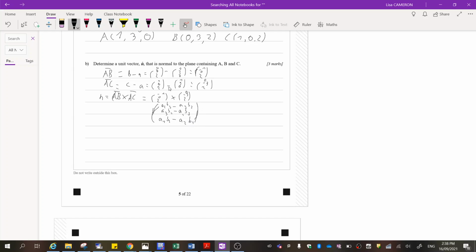The most annoying part of it, so we'll need to substitute, so that would equal for us 0 times 2 minus 2 times -3, and 2 times 0 minus -1 times 2, and lastly -1 times -3 minus 0 times 0.